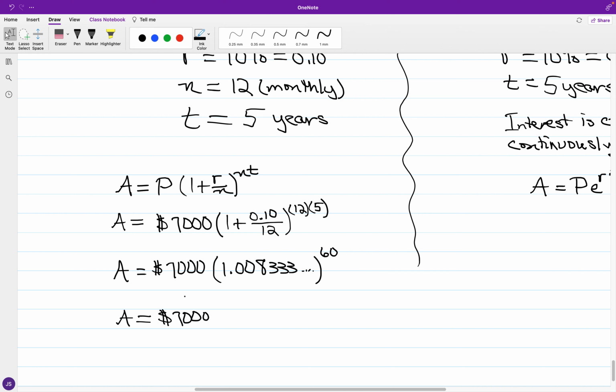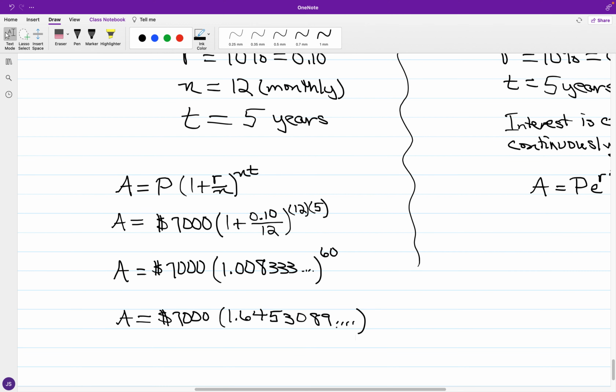So if I take 1.0083 and take it to the 60th power, among your first digits this will be 1.6453089.